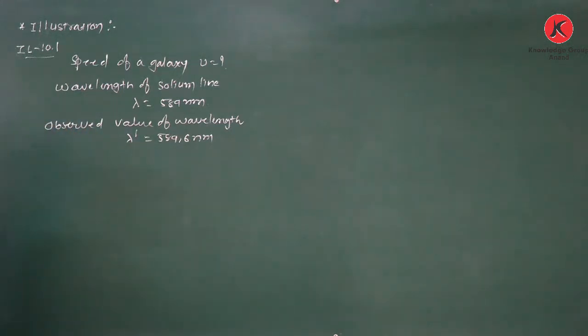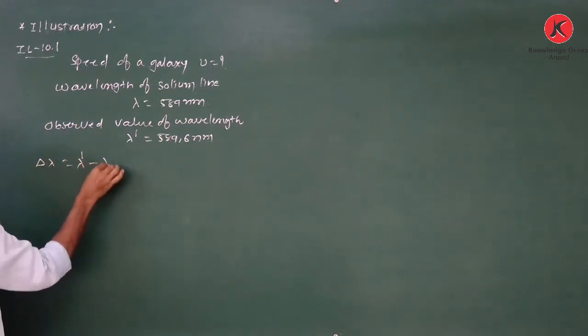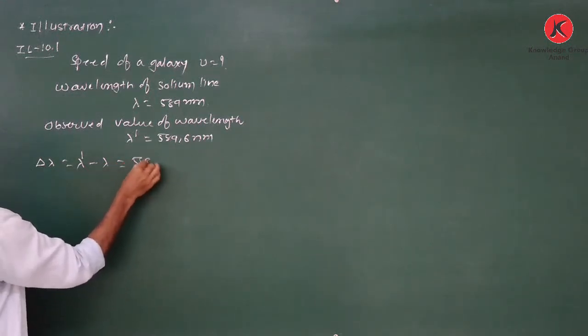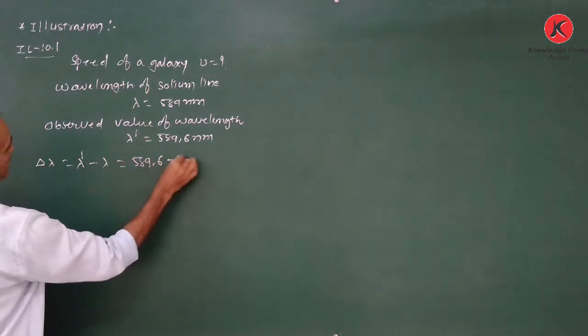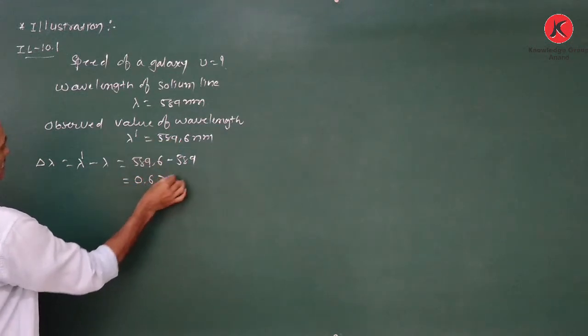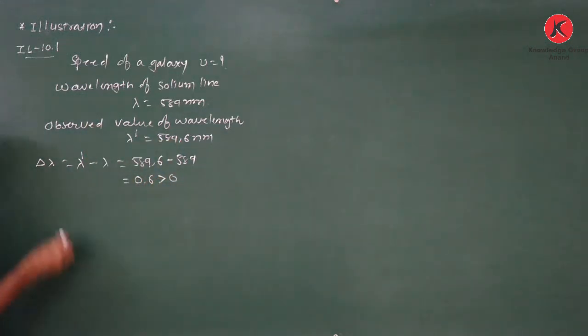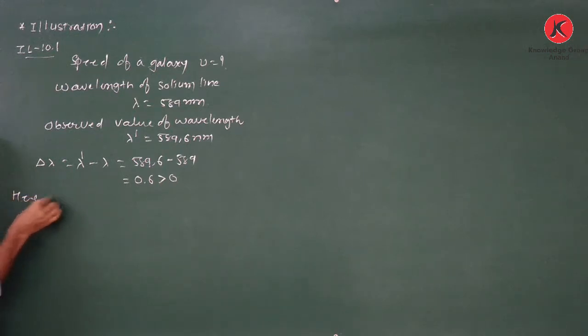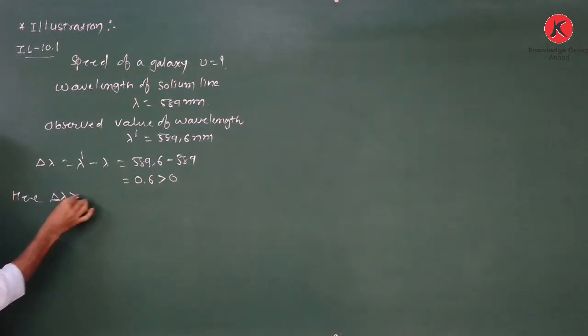So here, first, what is the difference in wavelength? Therefore, delta lambda is equal to the measured value minus the actual value. Therefore, 589.6 minus 589 is equal to 0.6, which is greater than 0. Here, delta lambda is greater than 0.